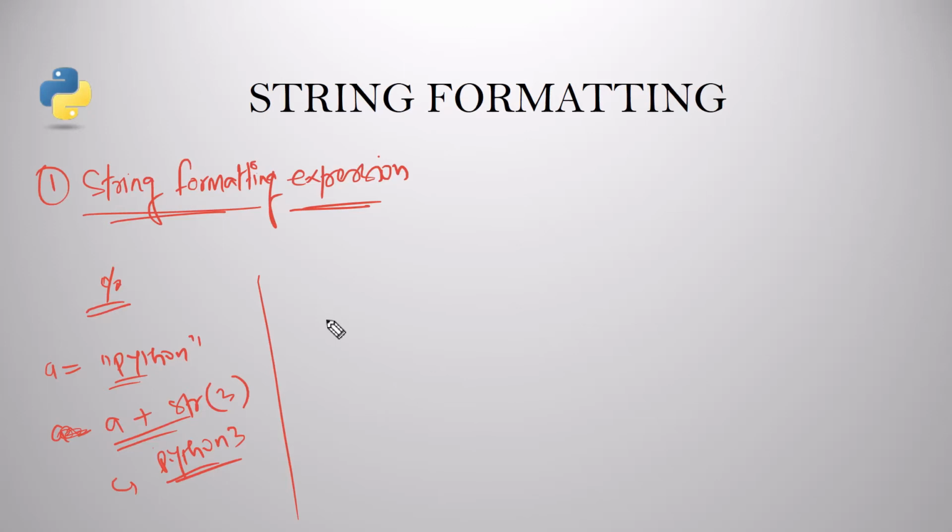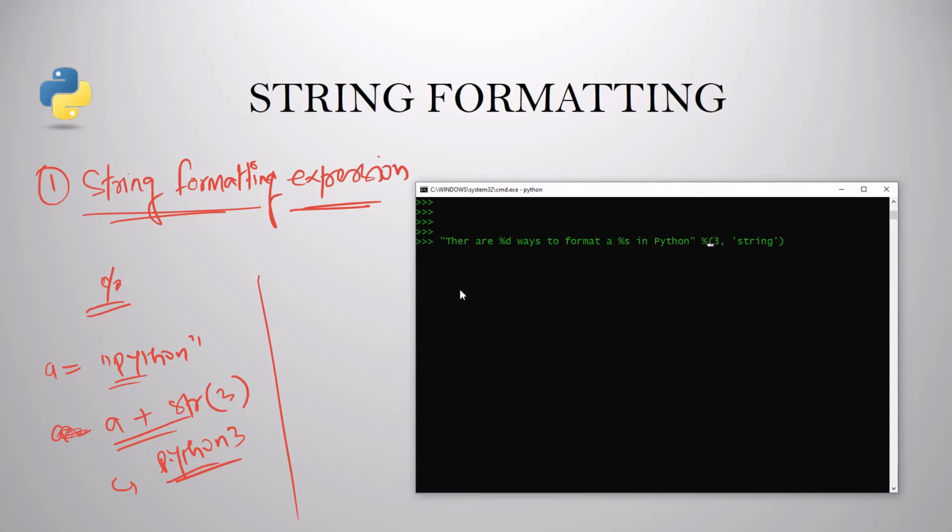In the formatting expression, you can simply write Python %d and %s. For example, there are %d ways to format %s in Python, and we can give 3 and a string. If we print this, we will get: there are 3 ways to format a string in Python.